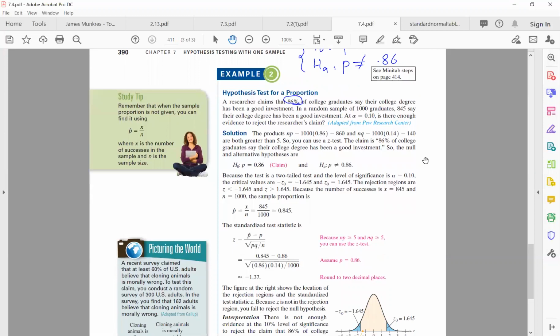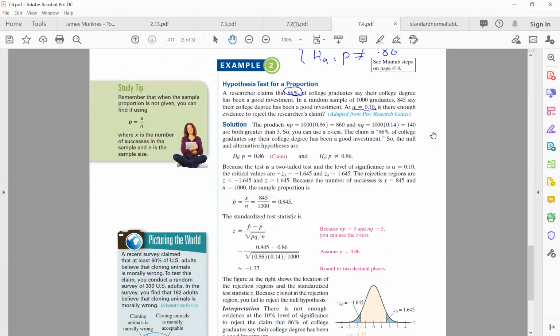You take a random sample of 1,000 graduates, and 845 say their college degree has been a good investment. At alpha equal to 10%, do you reject or fail to reject the null hypothesis? First, we have to check the normality.